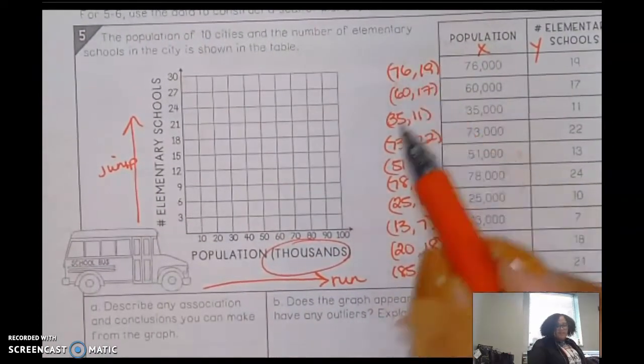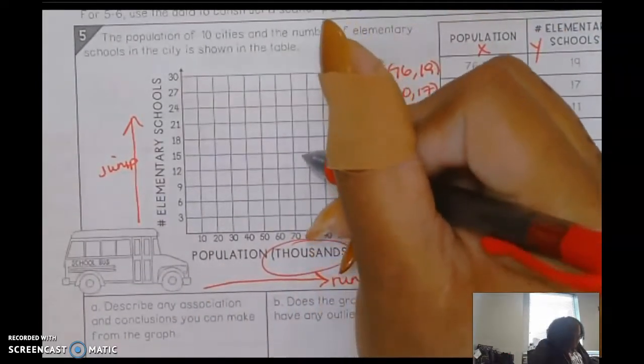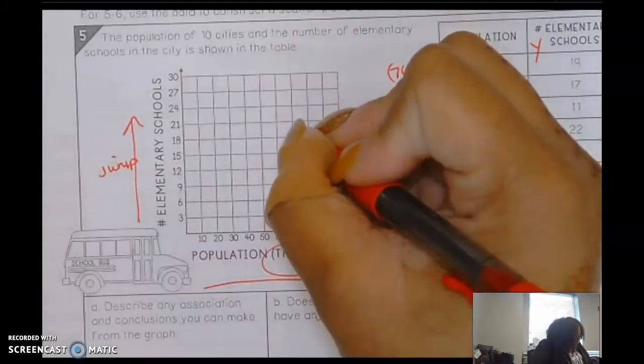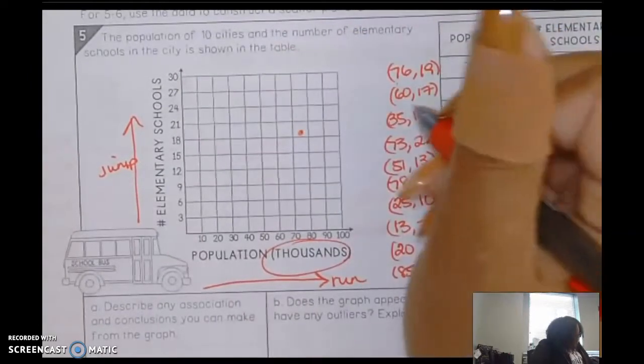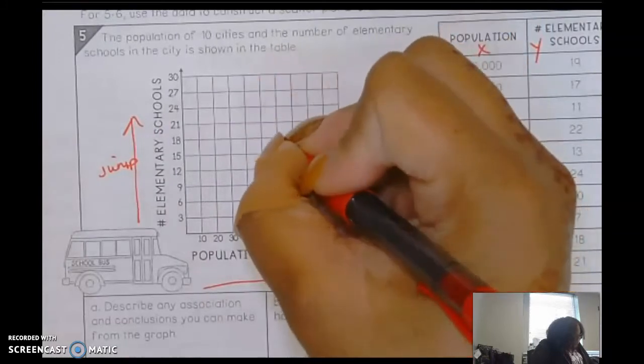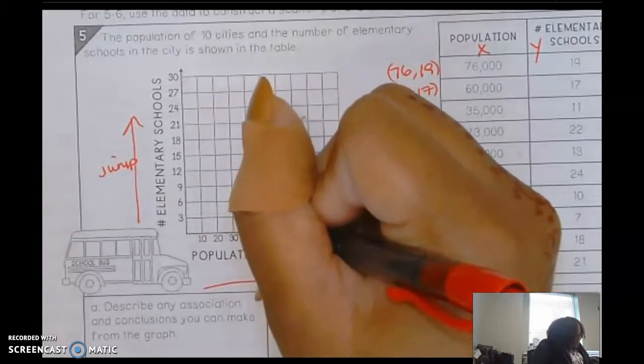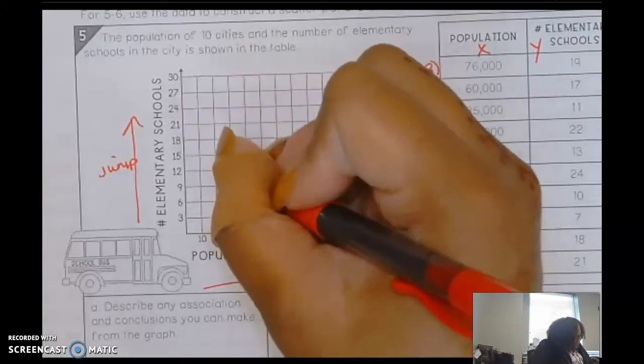So 76, 19. I'm going to run to about 76 and jump to about 19. We'll pass 18. Boom. 60, 17. Run 60, jump right below the 18. 35, 11. Halfway between 30 and 40.